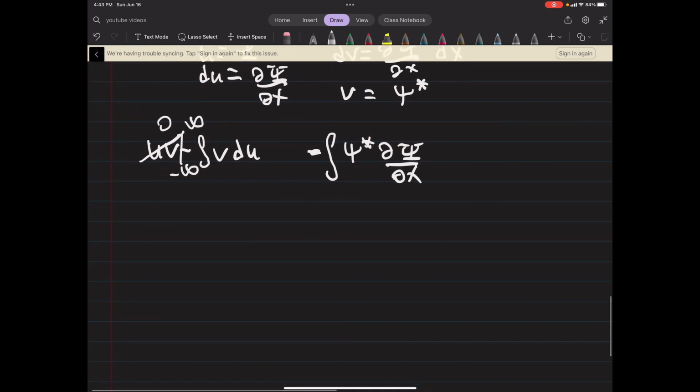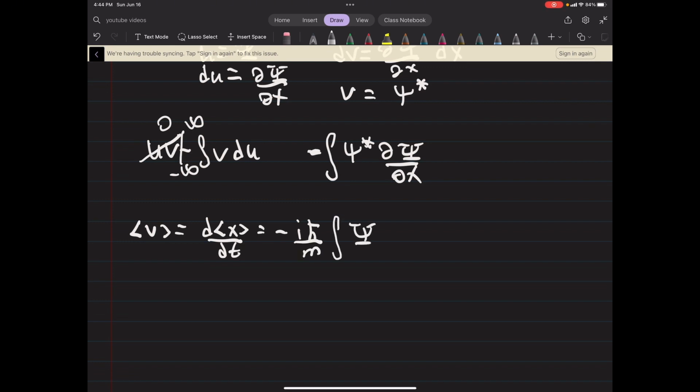So then we get minus i h bar over m, the integral of psi star d psi dx dx.